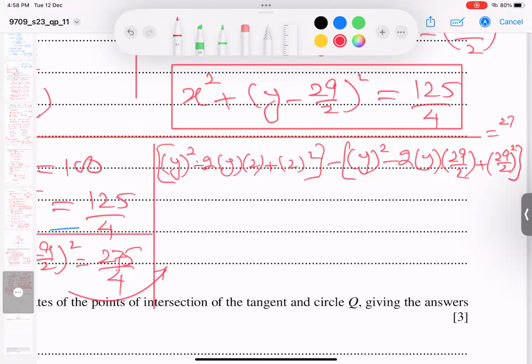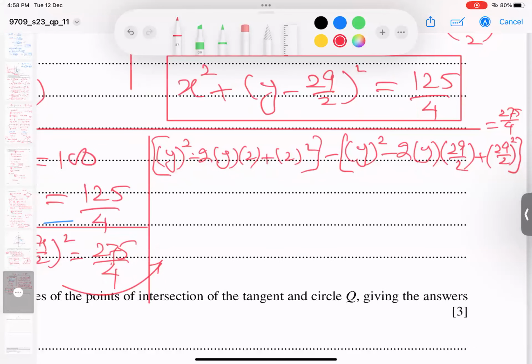I'm writing it up. Okay, students, if I expand, what do I get? y squared is negative 4 and plus 4. Here, this negative sign will change all signs. Negative y square, negative into negative, positive, and this 2 will cancel from up and down. And I got 29y.